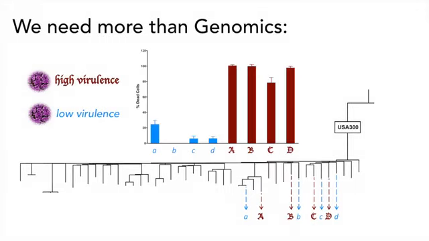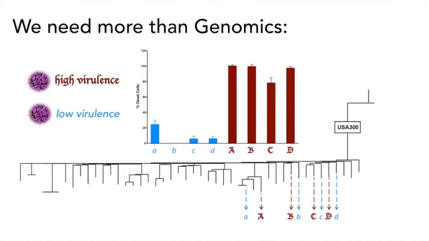Some of these strains are high virulence. And it's not that they cluster, obviously, by virulence. And you might not expect that at a gross genomic level. But even if you unpack and look at the SNPs, et cetera, you can't make a predictor for virulence just from sequence. And yet the difference is pretty profound in the ability of these guys to kill. So we need something more, right?